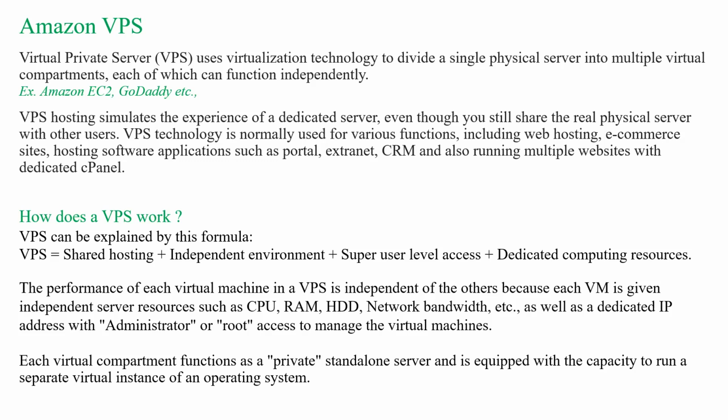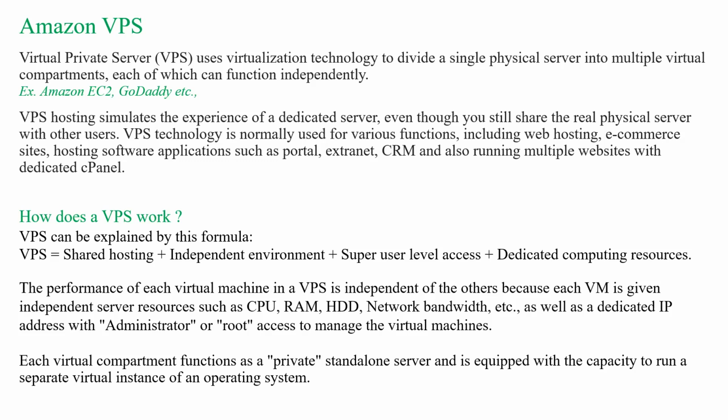So VPS comes with a combination of shared hosting plus independent environment plus super user level access to dedicated computing resources, to name a few. So all these features we have experienced when we have created our EC2 instances, correct?